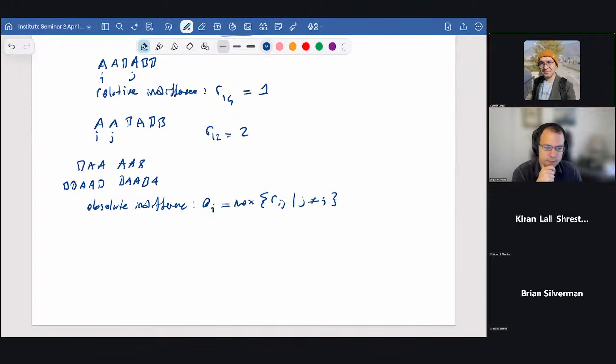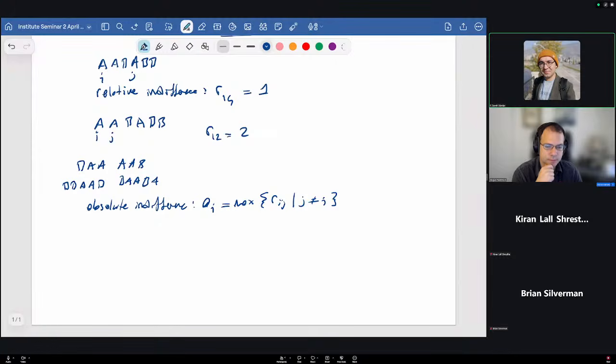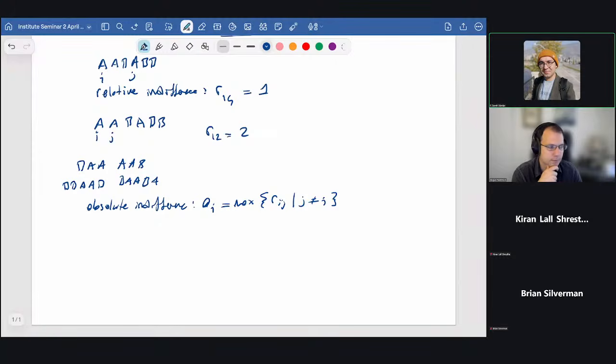So this is the definition of absolute indifference. In a way, it measures how the local neighborhood of a character is distinguished from the neighborhoods of others.